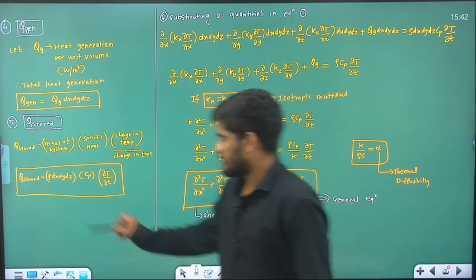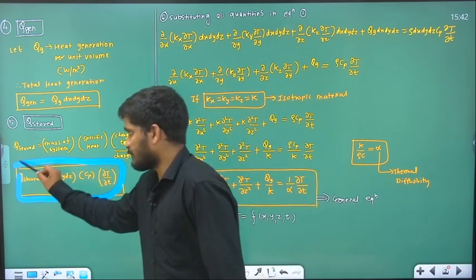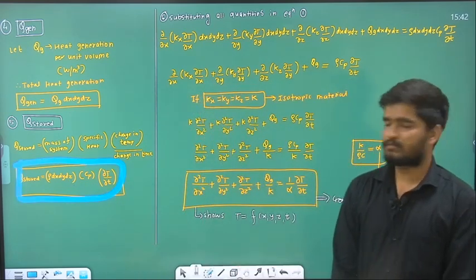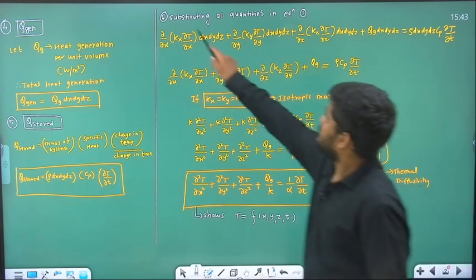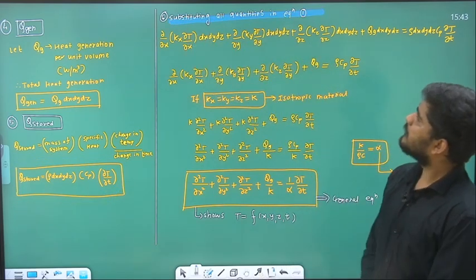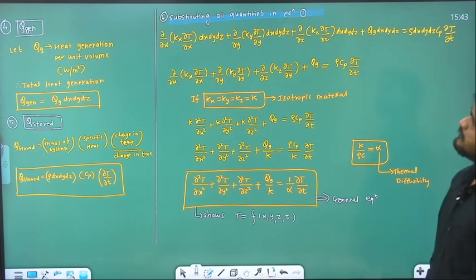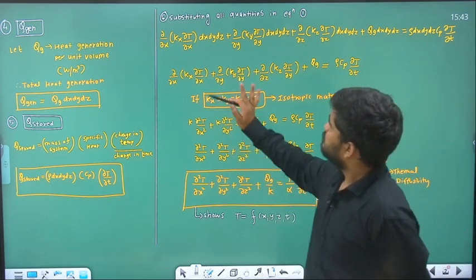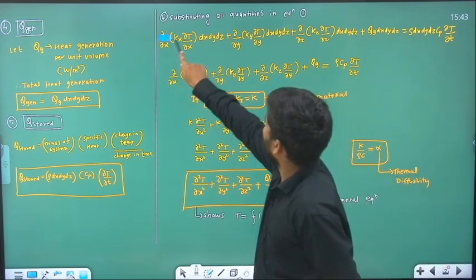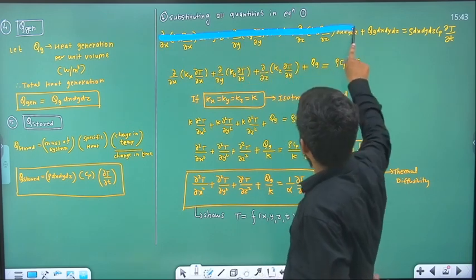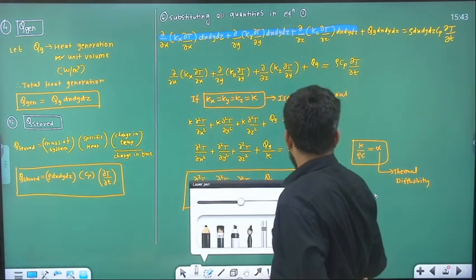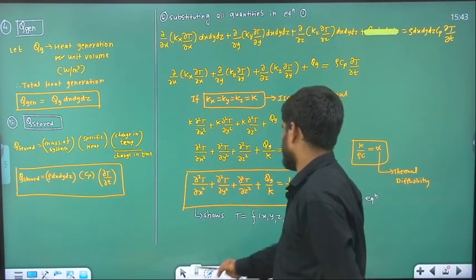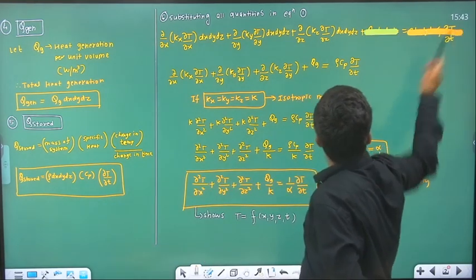Fine. So yes, now we are done with the preparation, the background which is required to get to the final solution. So now the final step is to substitute all quantities in equation number 1, that is the generalized heat balance. I have substituted, this thing is Q net, then this thing is Q generation and this is Q storage.